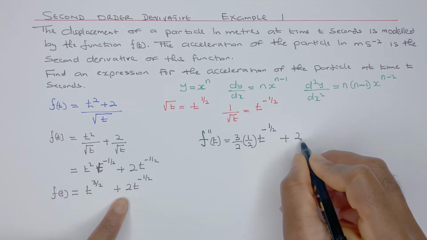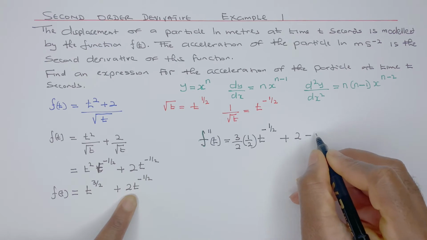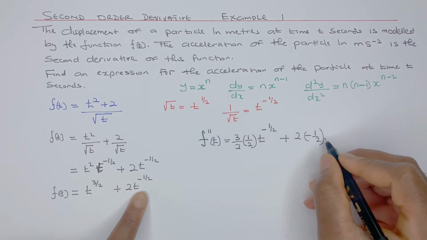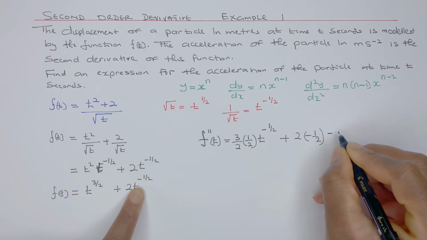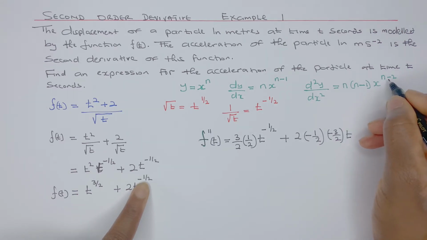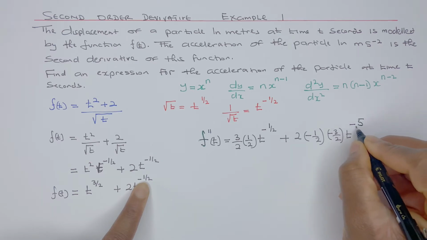We've got the 2 there. We're going to bring n down. n is minus a half, so times minus a half. And then we take 1 away from that. Minus a half, take away 1 is minus 3 over 2. Then t to the power minus a half minus 2 is minus 5 over 2.